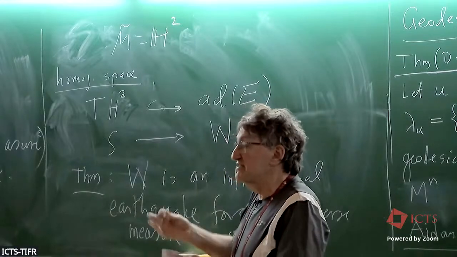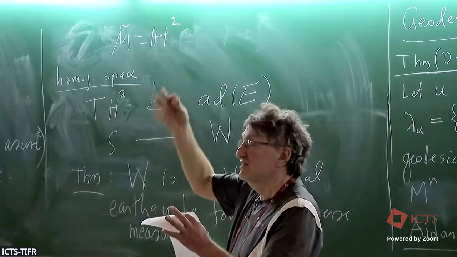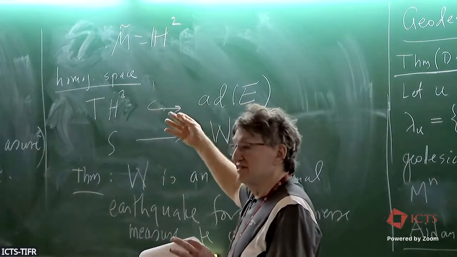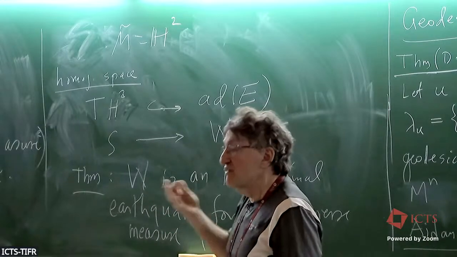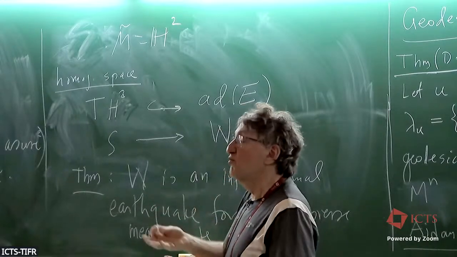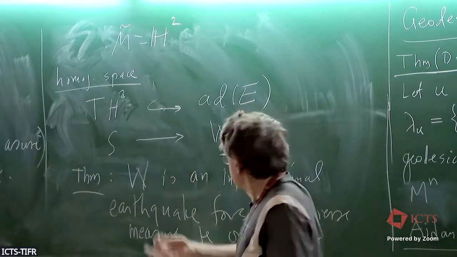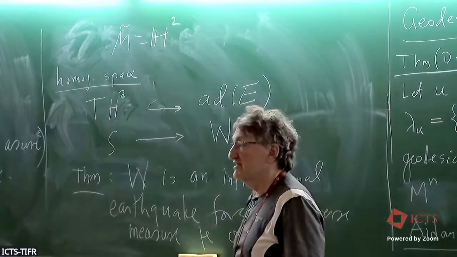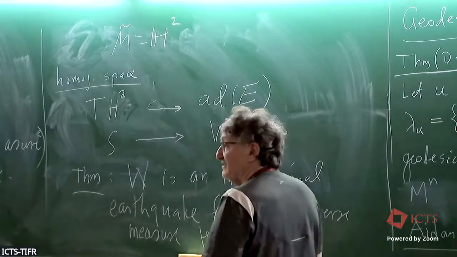In other words, it's a map defined on the plaques of the lamination which is constant on the plaques. It's not an infinitesimal earthquake in the cohomology sense. I think what Ohshika was telling us before was talking about the cohomology class of this in the tangent of the Teichmüller space. Actually, it's an earthquake in the Thurston sense.